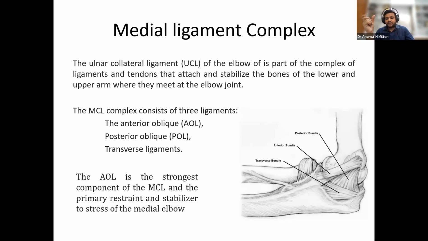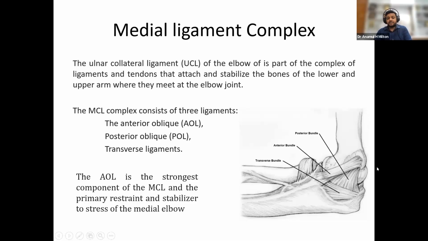How can you find out the transverse ligament? The first, the anterior band, runs from this part to the sublime tubercle, and another runs from the sublime tubercle to the posterior part, that is the transverse ligament, and another runs from the medial epicondyle downwards, that is the posterior ligament.